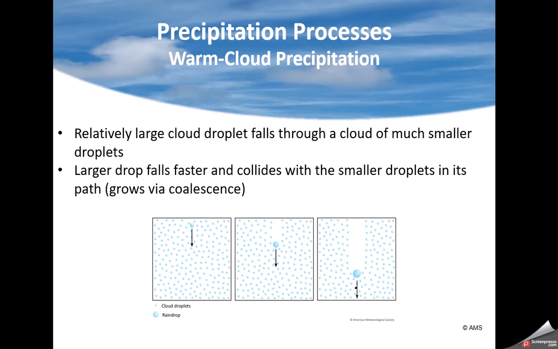And if there's a bunch of cloud droplets in the way, it keeps growing till it eventually becomes a big raindrop down on the ground. This happens in the tropics, and it happens when there's a tremendous amount of moisture. It's the most efficient process for bringing all that moisture in the cloud down to the ground.